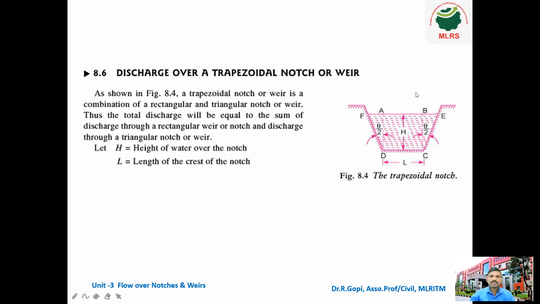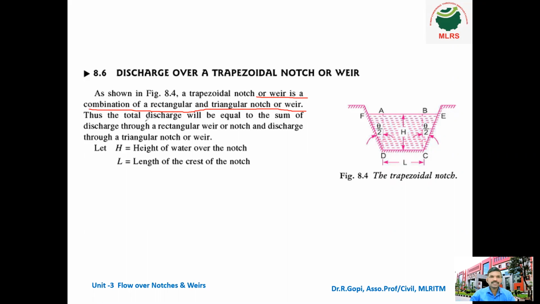So the trapezoidal notch is nothing but a combination of a triangular notch and a rectangular notch. A trapezoidal notch or weir is a combination of rectangular and triangular notch or weir.